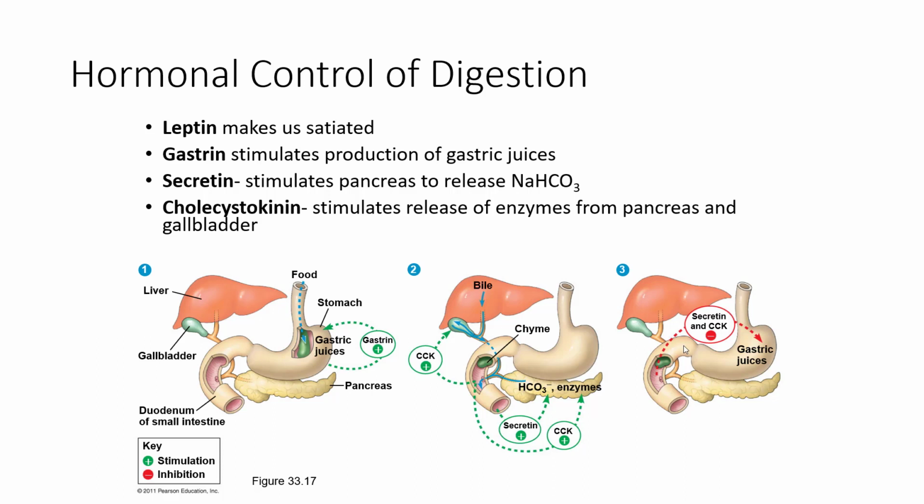Secretin stimulates the pancreas to release sodium bicarbonate. Whatever could that do? Well, sodium bicarbonate is going to change the pH of the small intestine. It is notable to remember that the small intestine has a basic chyme, whereas the stomach has an acidic chyme. So when food is brought from the stomach to the intestine, you need to add sodium bicarbonate to make it more basic.